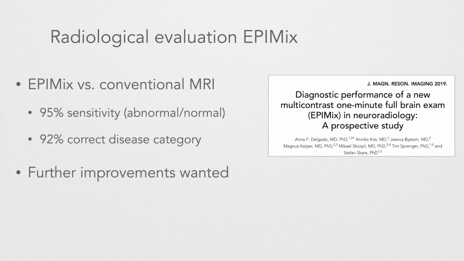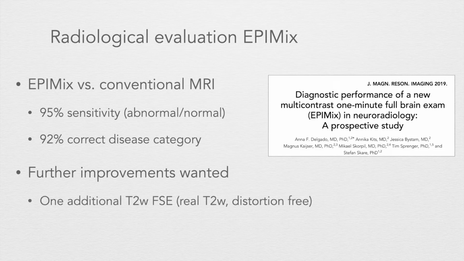But when we did these studies, we wanted to improve this further, and we got feedback from the radiologists. They weren't in big need of distortion-free images for every contrast, but they said that they would like to have a T2 weighted FSE that is distortion-free for reference at least.